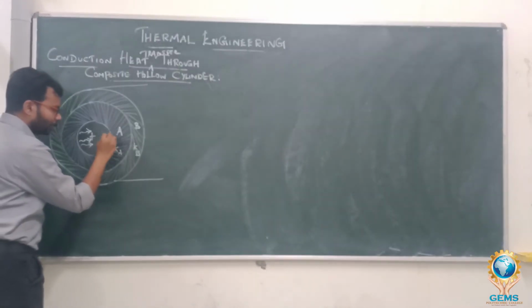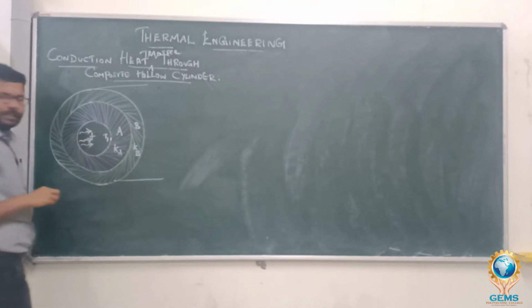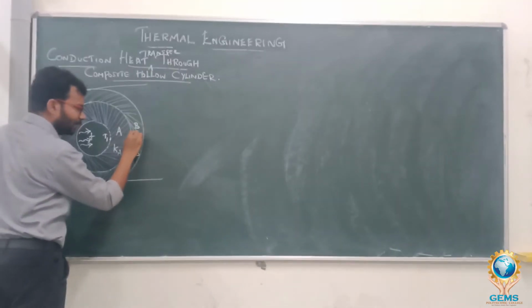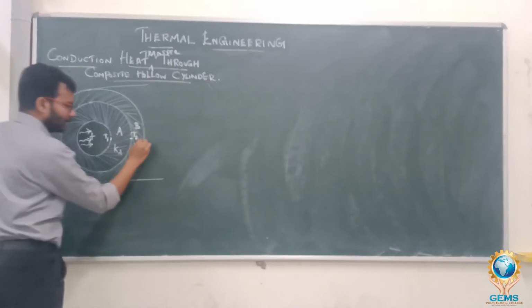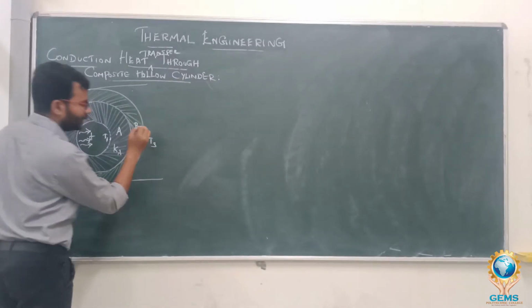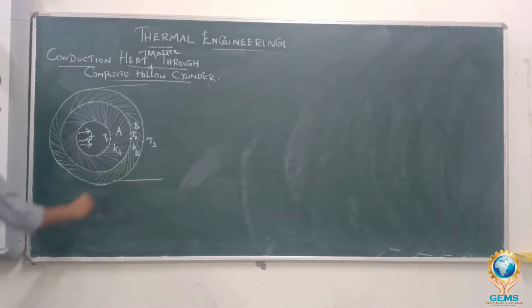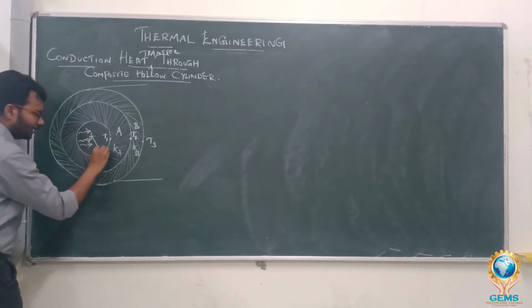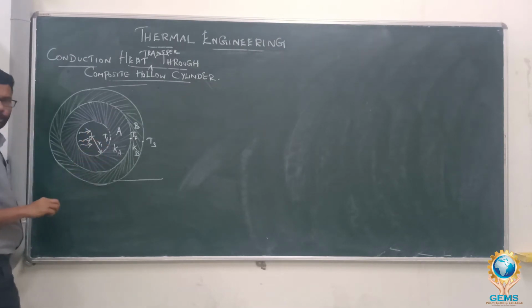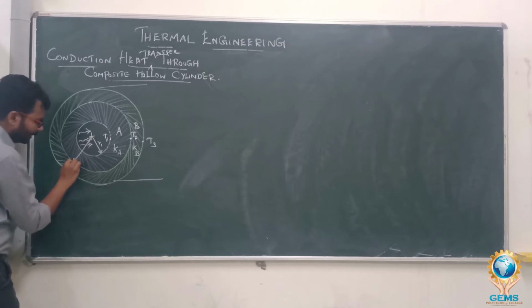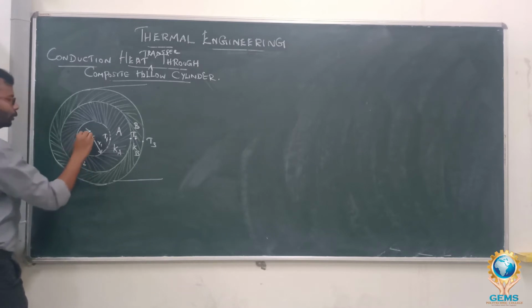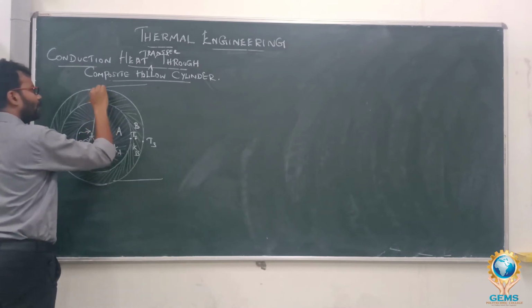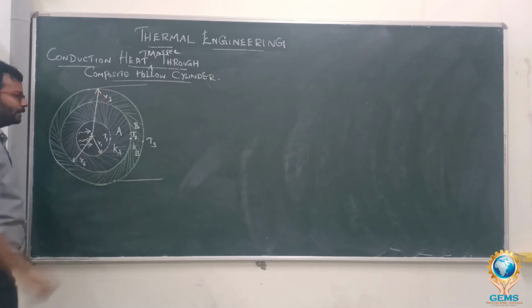The inner temperature is T1, the intermediate temperature is T2, and the outer temperature is T3. The inner radius is R1, the middle radius is R2, and the final outer radius is R3.